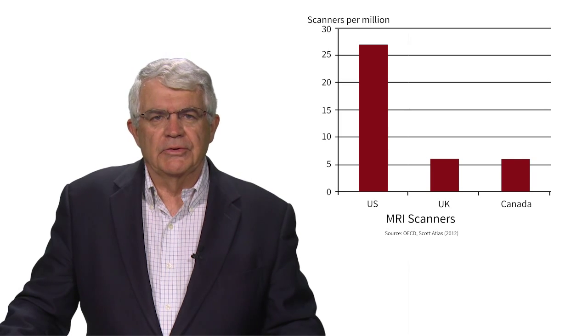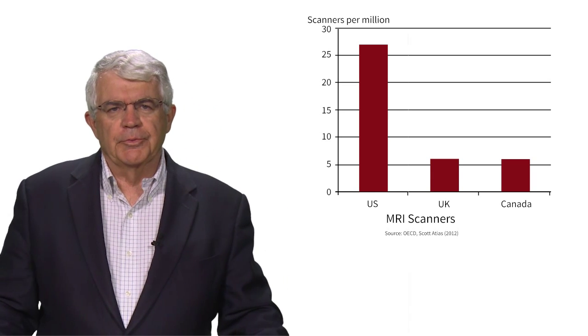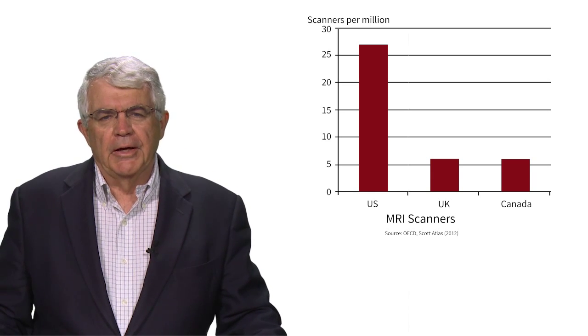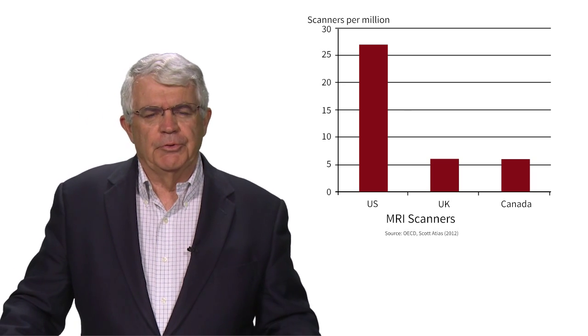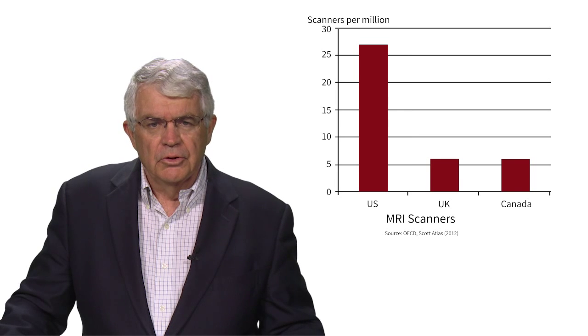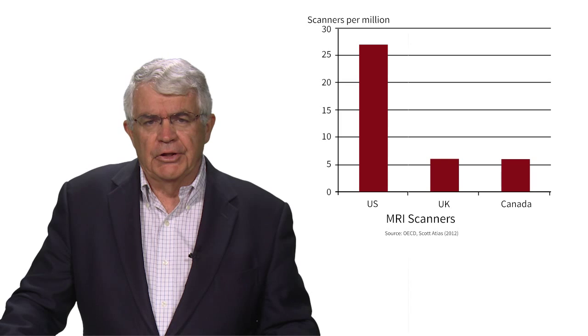In the United States, there's a much higher number of scanners per person than in the UK or Canada. Now one might ask the question, is the US producing too many scanners? Or is the UK or Canada producing too few scanners?